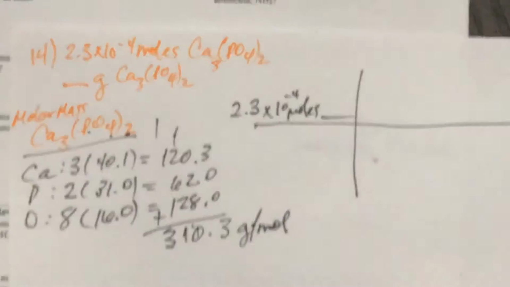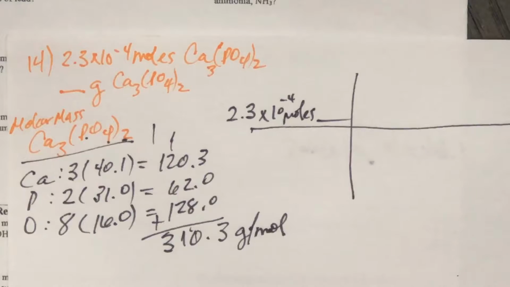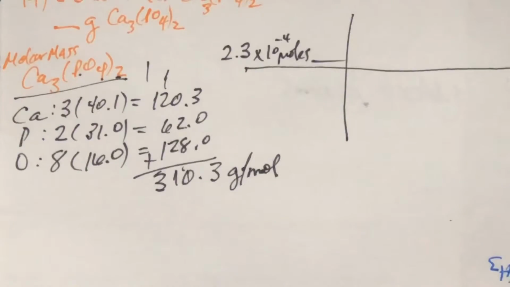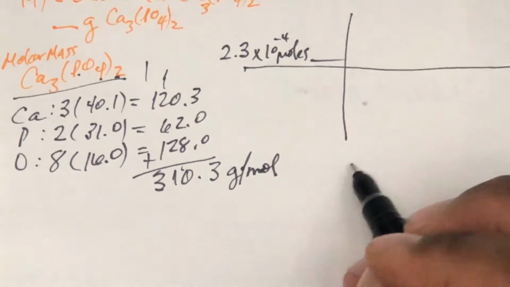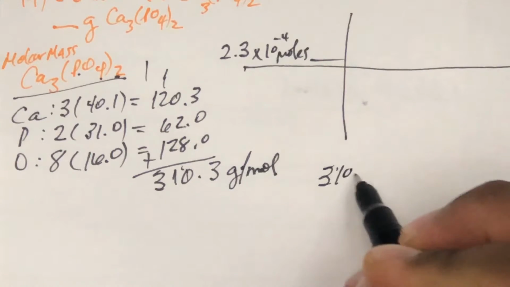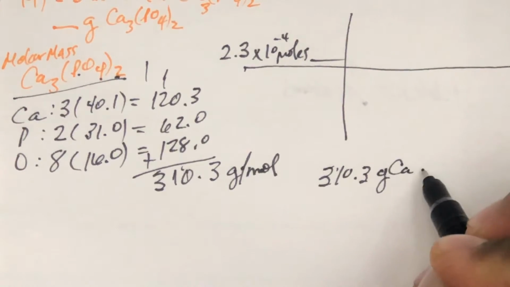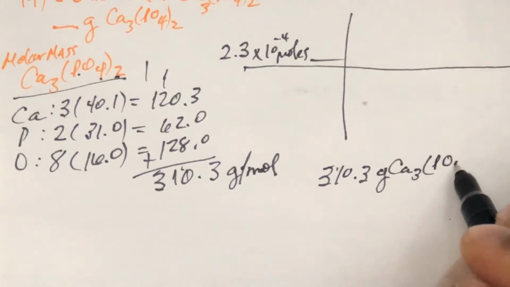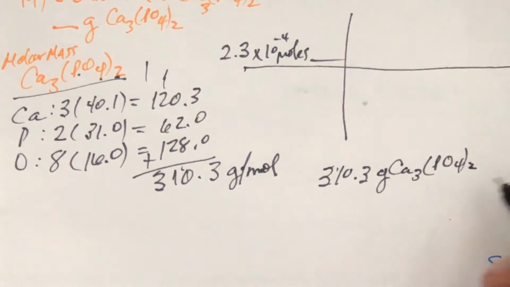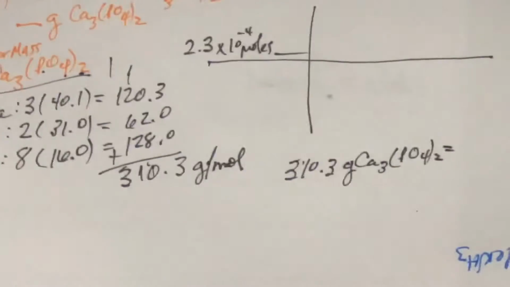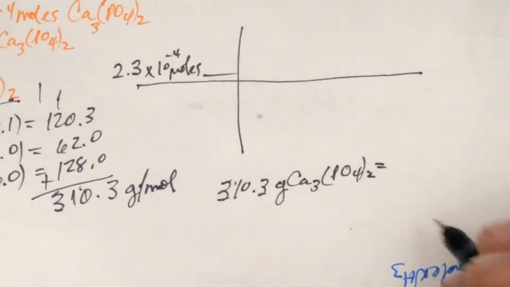So I'll just put it right there because it's not gonna fit. So don't forget that our conversion factor is 310 grams of calcium phosphate, and all of this is equal to 1 mole.